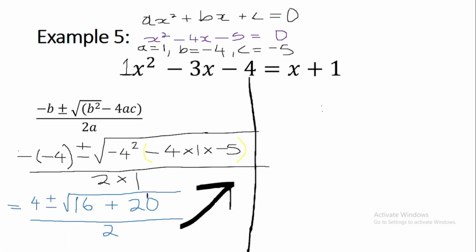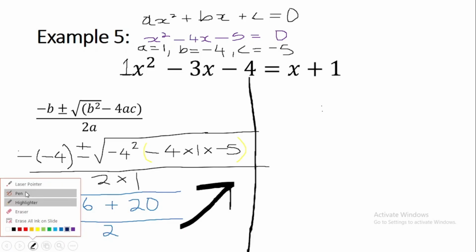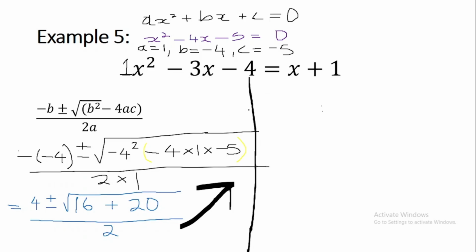So continuing, we are going to do this part right here. It's going to be 4 plus or minus the square root of 16 plus 20, that's going to be 36. So the square root of 36 all over 2.